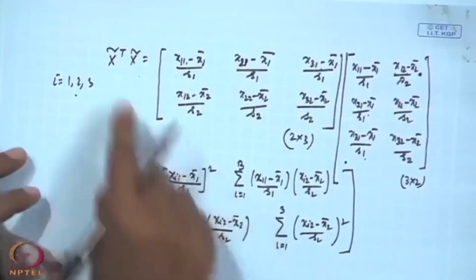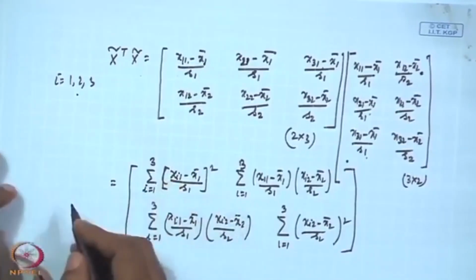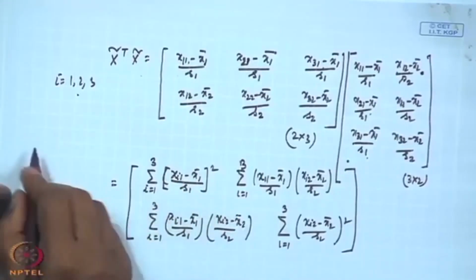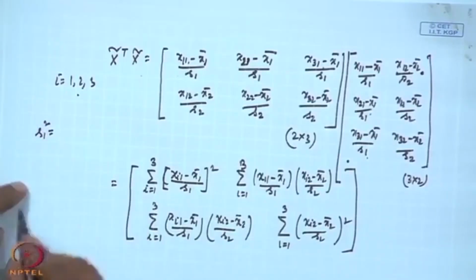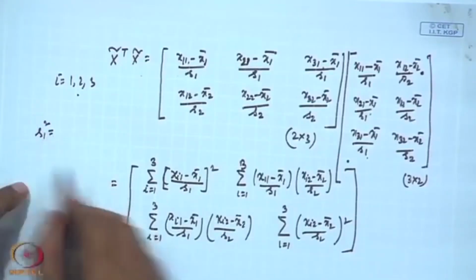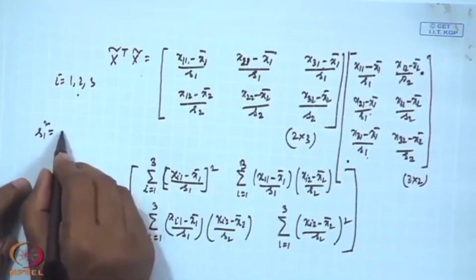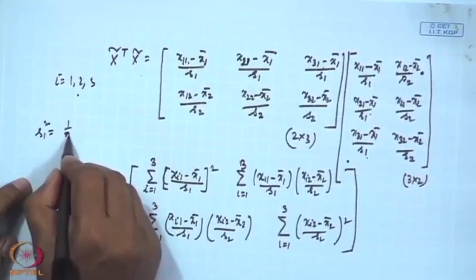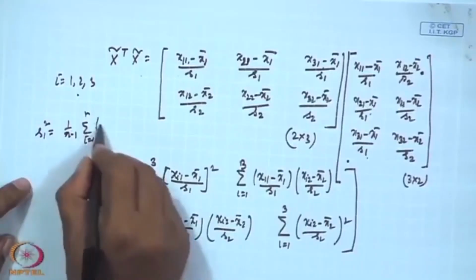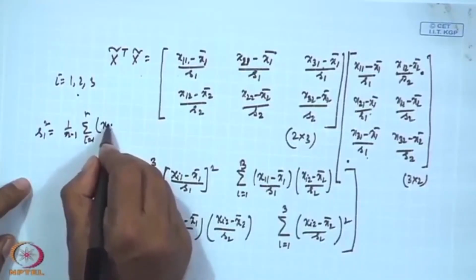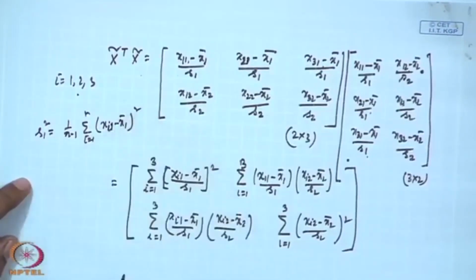You see, if I ask you what is s1 square, suppose n equal to 3, then what is s1 square? 1 by n minus 1, sum total of i equal to 1 to n of x i1 minus x1 bar square.